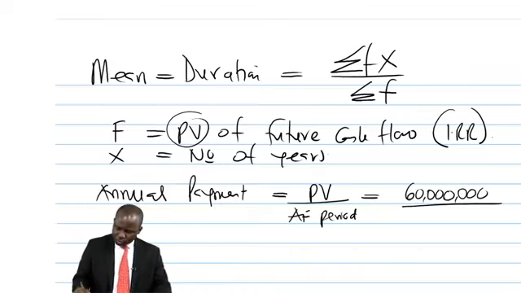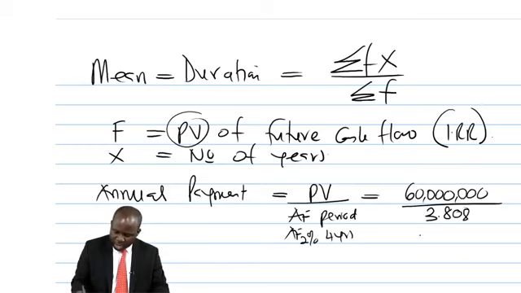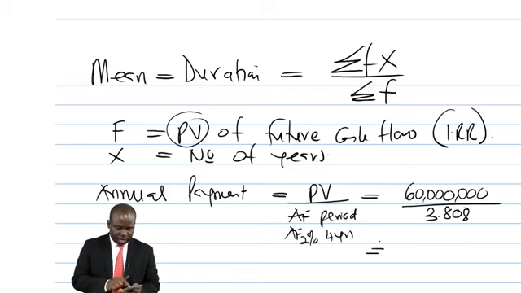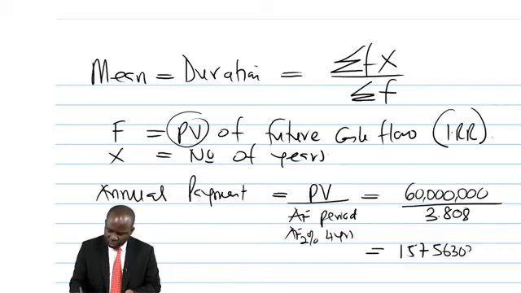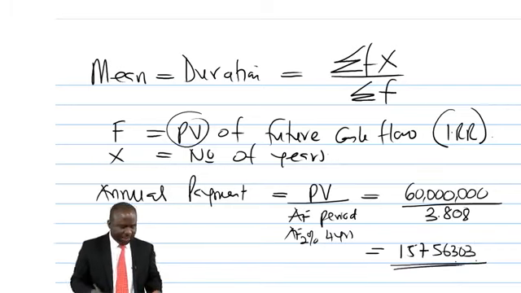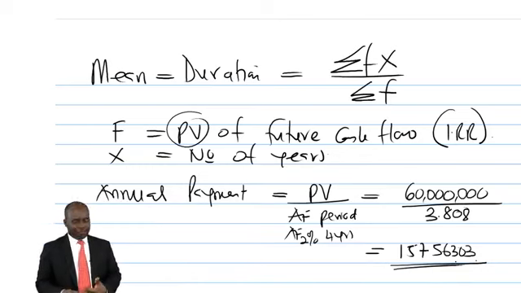So we go straight here and I will say annuity factor of 2% 4 years, which is 3.808. And how much am I going to get? So 60 million divided by 3.808, and that gives 15,756,303. So every year, this is the amount I would have to be paying.